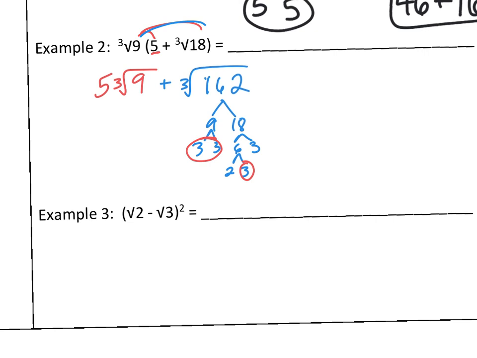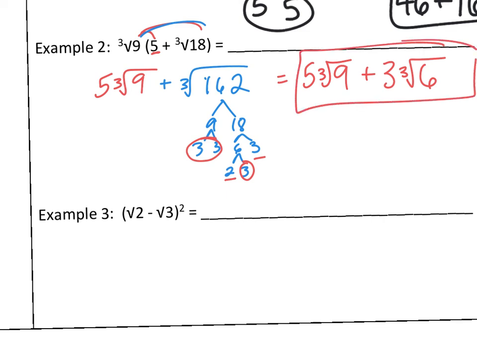So this just becomes 5 cube root of 9 plus 3. 2 times 3 is going to be what's left over in my radicand, which I know is just 6. So those are as simple as they will go. Are those like terms or like radicals? No, they're not. So this is going to be my answer. I'm just going to leave it like that.